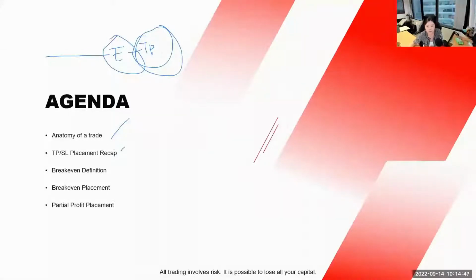So that will be covered in anatomy of trade. Then we will have the recap on take profit stop loss placement. This is in the previous session, part 1 of 4 in the trade management, which is as important. Then we'll have the break-even definition, break-even placement, and partial profit placement.